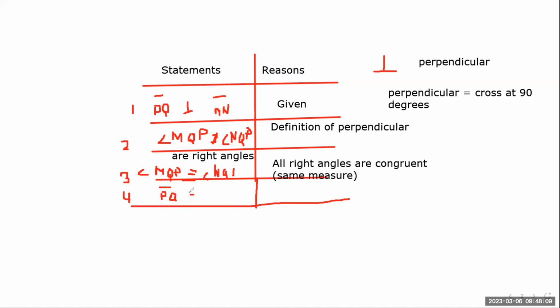And the reason that we know that, probably from one of those early sections, is that it's the reflexive property, meaning that every segment, every angle, every ray is congruent to itself. So PQ is congruent to itself by the reflexive property.